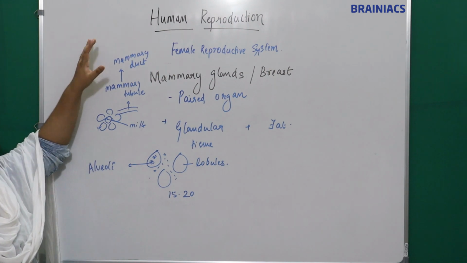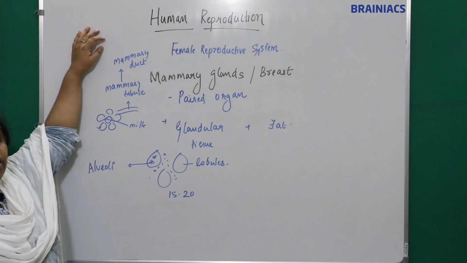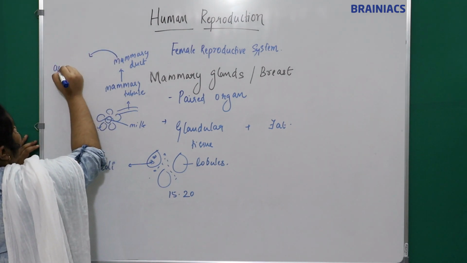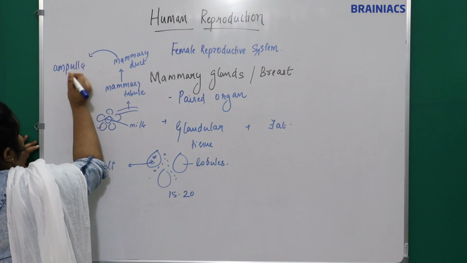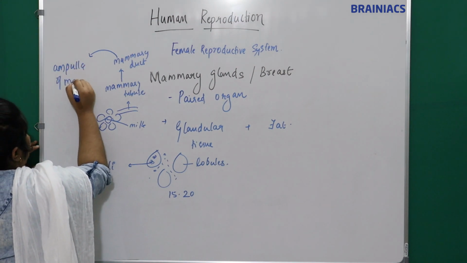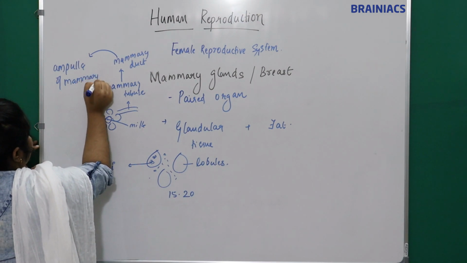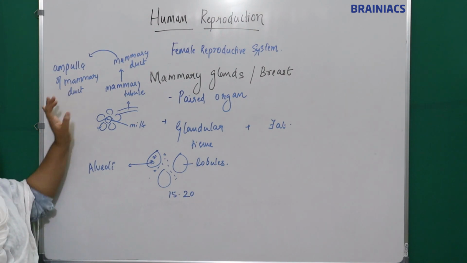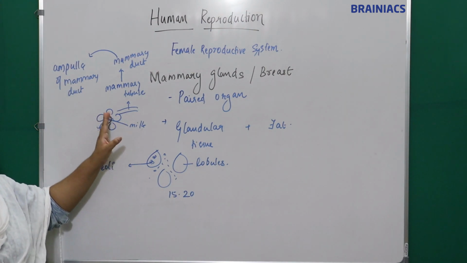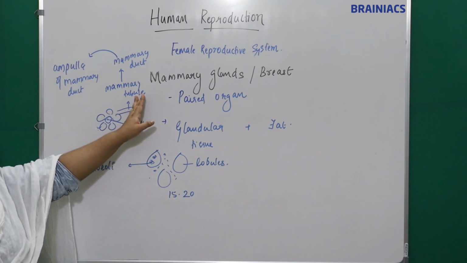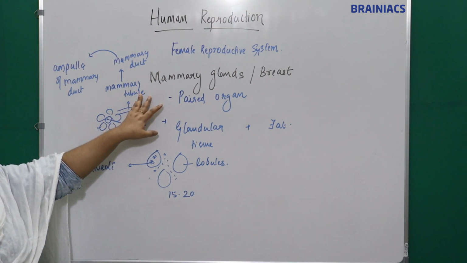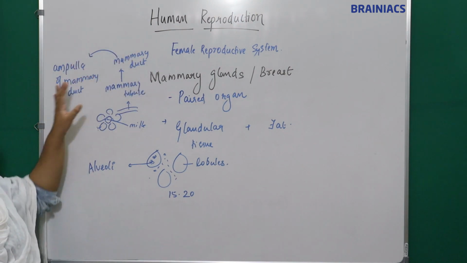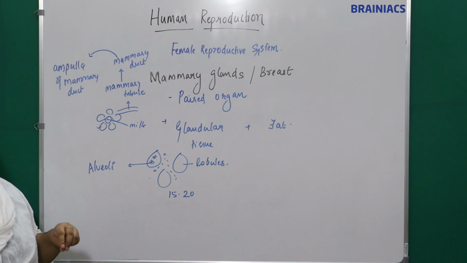The mammary ducts will join together to form a bulge, a wider portion called the ampulla of the mammary duct.